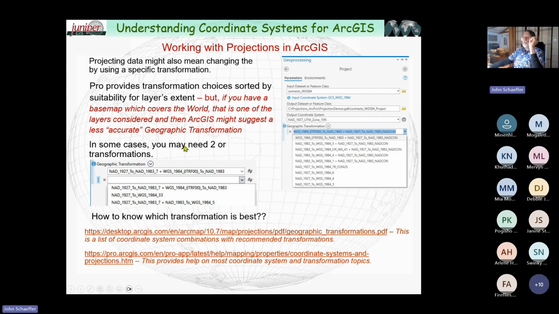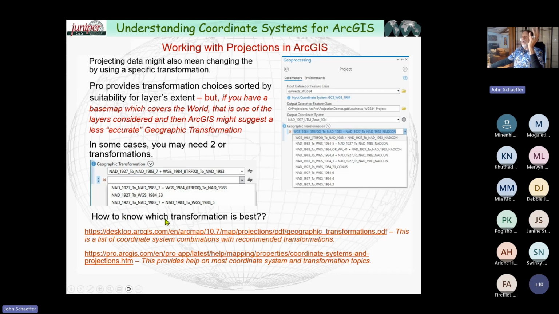Also, in some cases, you may need 2 or more transformations. So first you go from here to here, and then you go from here to here, things like this. And again, ArcGIS will give you these choices sorted by what it thinks is best, okay?